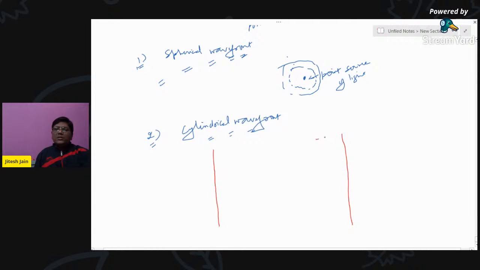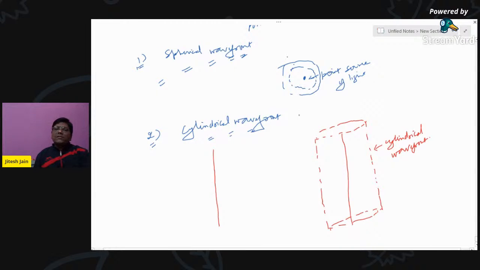The vibration of the particles will happen around it like this. So this will form a cylindrical wavefront, dear students.